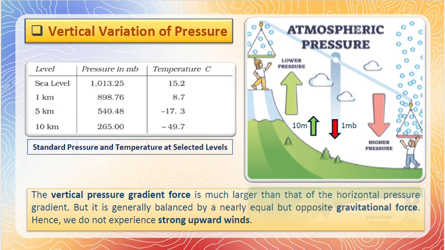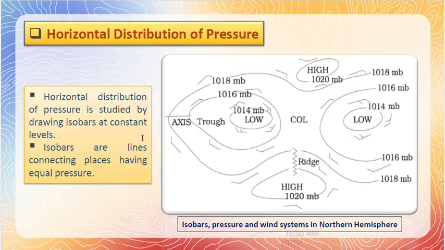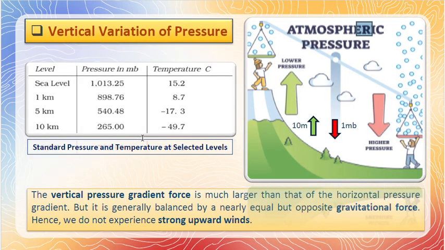Here is low pressure, here is high pressure, so wind would blow from down to up. But we are not feeling such kind of winds as we feel on horizontal ground. So what is the reason for that? Such winds are balanced by the gravitational force. So this is about vertical variation of pressure. Thank you.